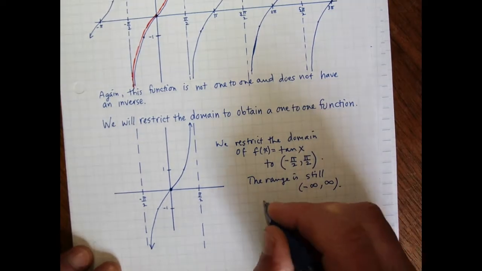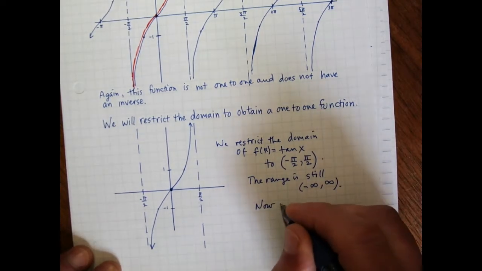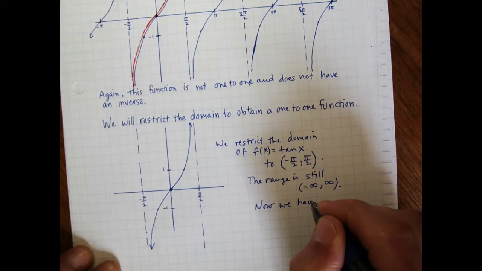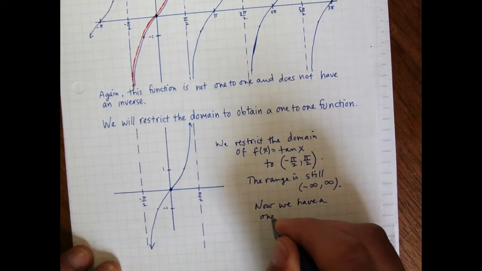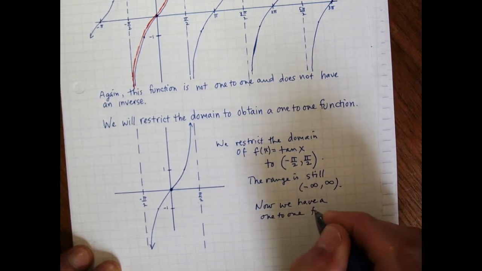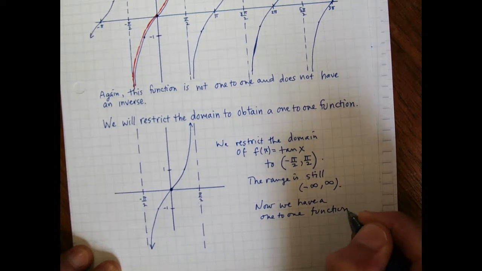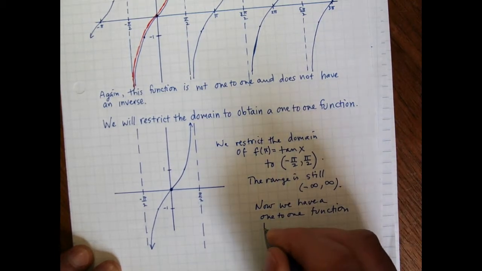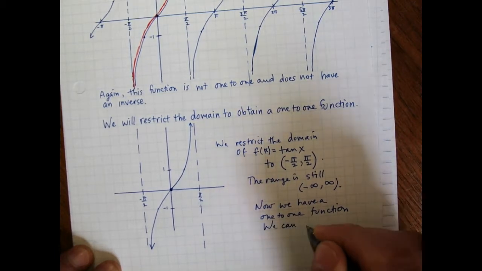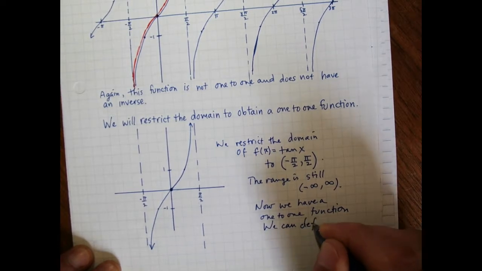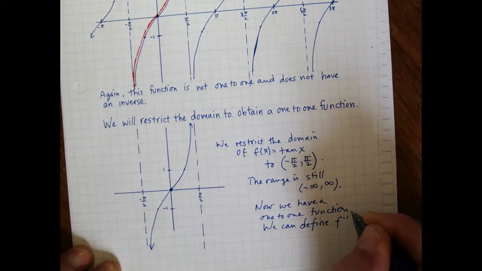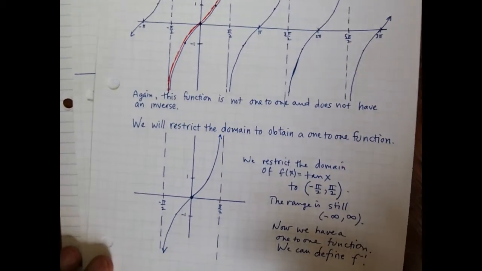And so now we have a one-to-one function. And we can define f inverse. And let's go ahead and do that.